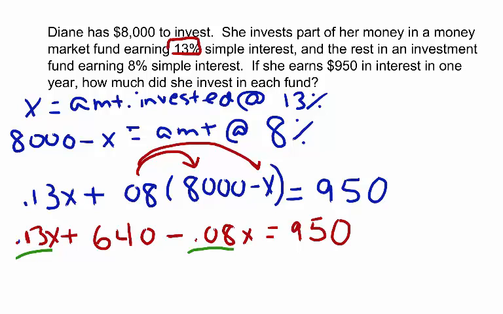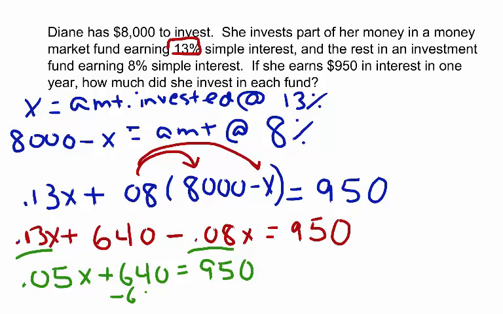Okay, so now I need to combine my like terms. 0.13 minus 0.08 gives me 0.05x plus 640 equals 950. From here, I need to continue to combine like terms.